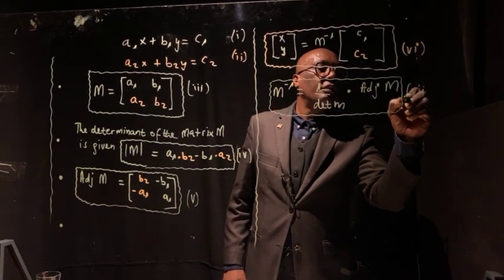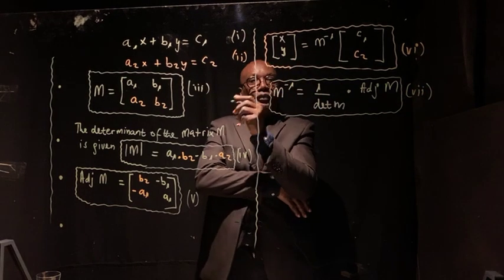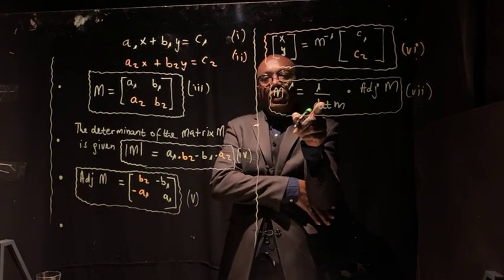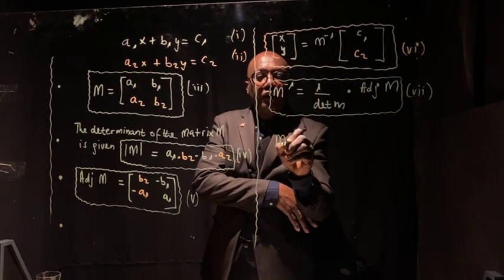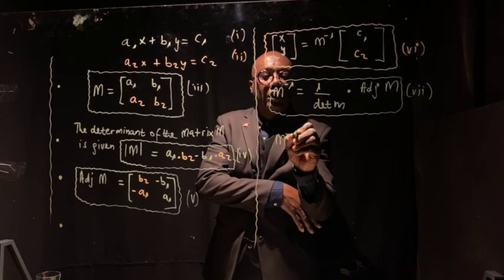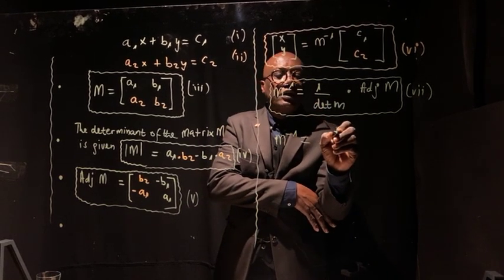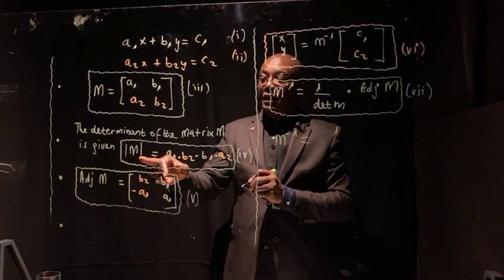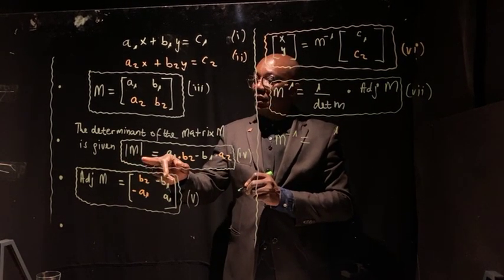Now, from equation 7, the inverse of M is equal to 1 over the determinant. What is the determinant? The determinant is this one.